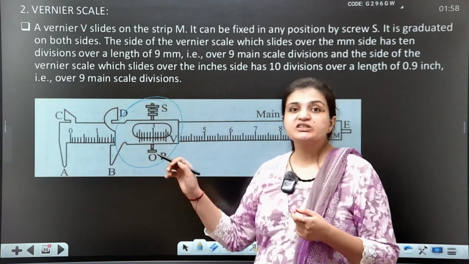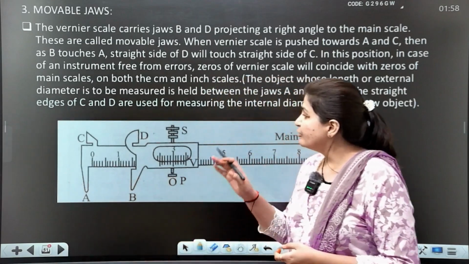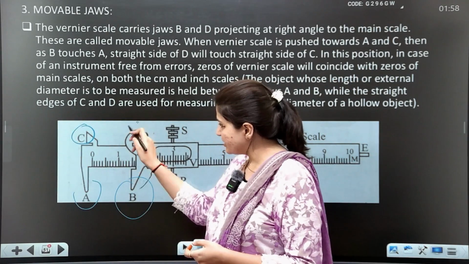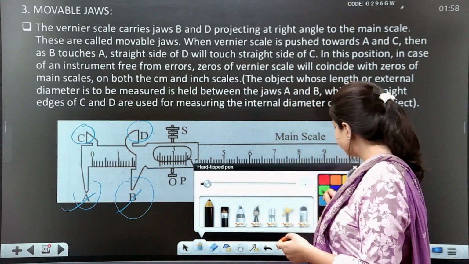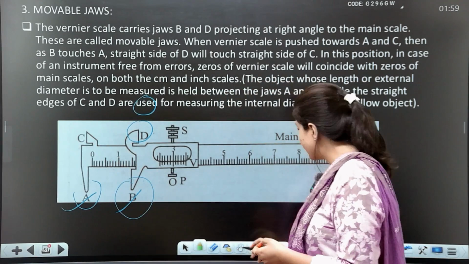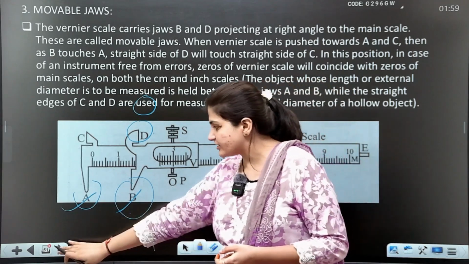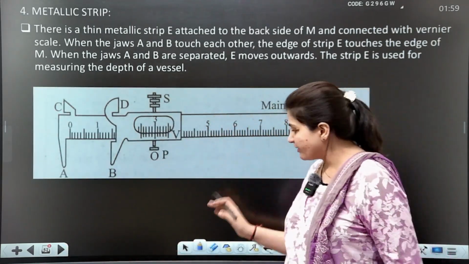Then the movable jaws, these are the jaws A, B and C and D. We can measure the instrument thickness from here and also from A and B. And this is the metallic strip, which can be moved.